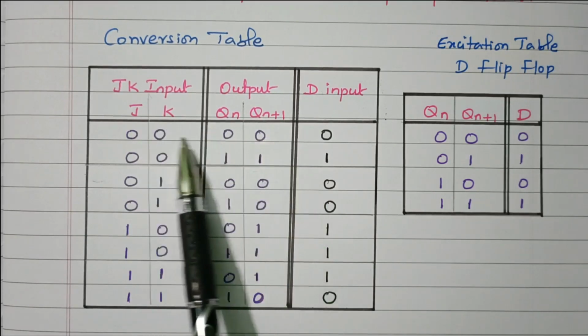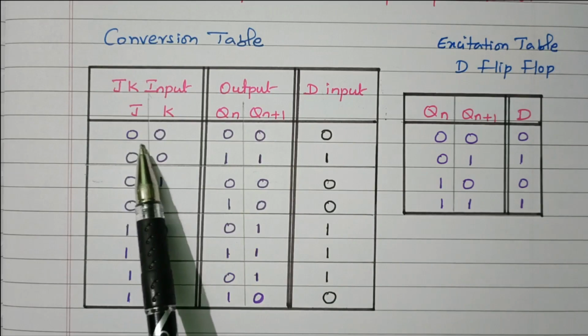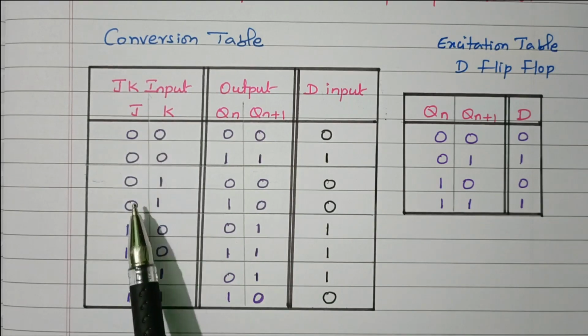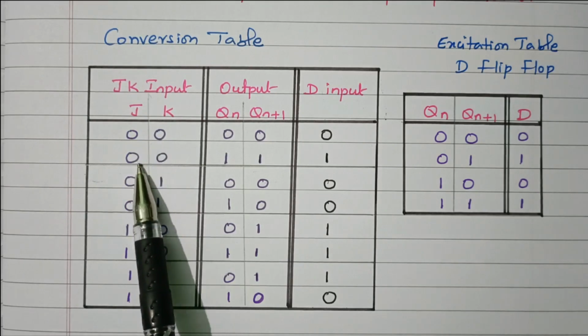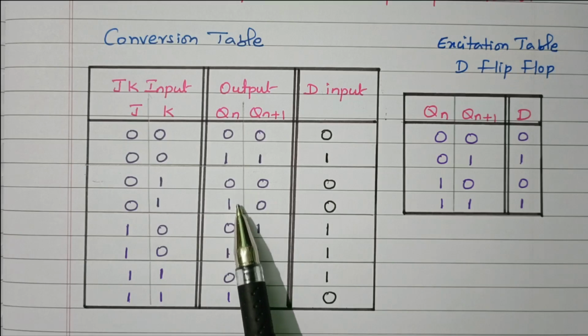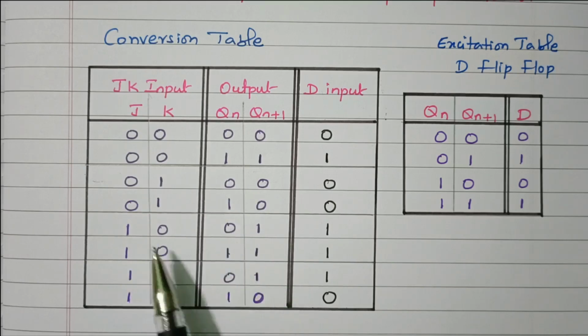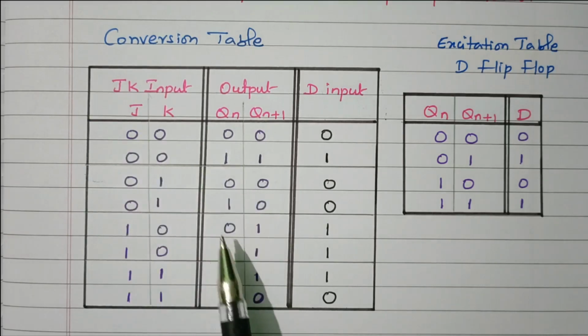J, K, Qn, 3 variables, so there are 8 possibilities available. 2 to the power 3, 8 possibilities. That is 0 0 0, 0 0 1, 0 1 0, 0 1 1, and so on. For J and K both 0, there are 2 possibilities for Qn, 0 and 1.